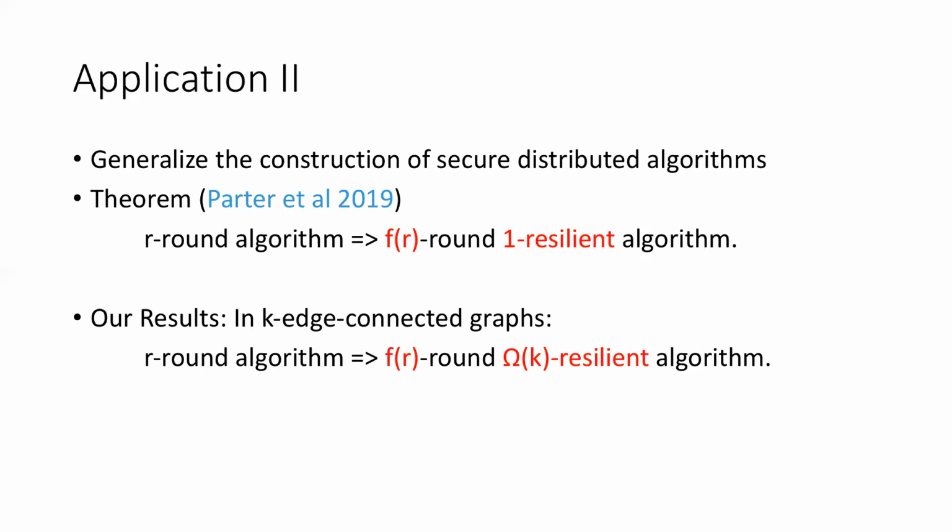They show that with the construction of low congestion cycle cover, they can convert any non-secure distributed algorithm into an equivalent one-resilient algorithm, while paying only a small overhead in the number of rounds. And our algorithm of tree packing can be used to generalize and improve the construction of low congestion cycle cover in k-edge connected graphs. As a corollary, we can use this to convert any non-secure distributed algorithm to secure ones that are able to handle more than one, actually up to omega of k, edge failures.